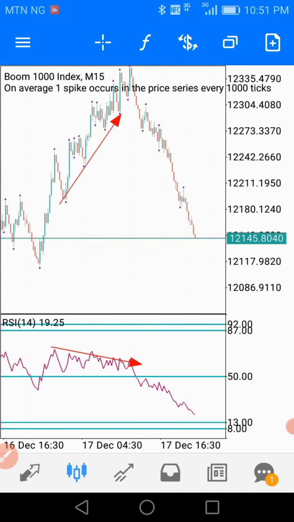When I did videos on hidden divergence, I told you it is for trend continuation, but regular divergence is for trend reversal. I'm going to show you in a moment on two pairs, Boom 1000 and Crash 1000, as it's playing out currently on those pairs.